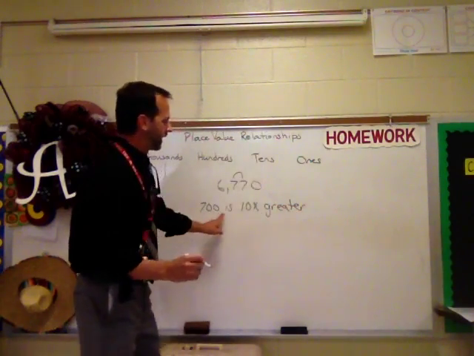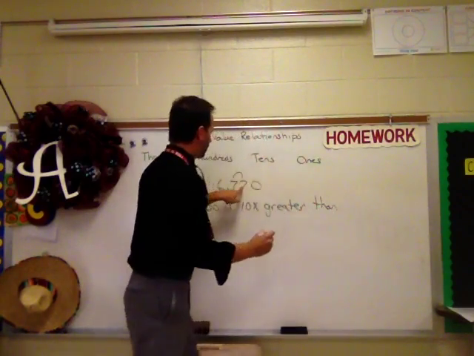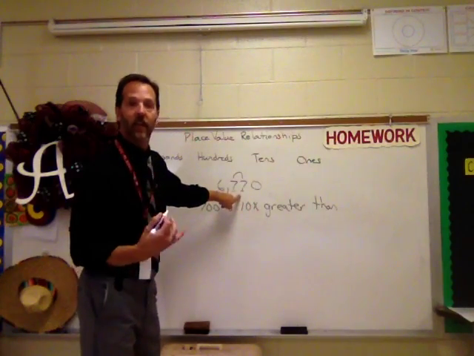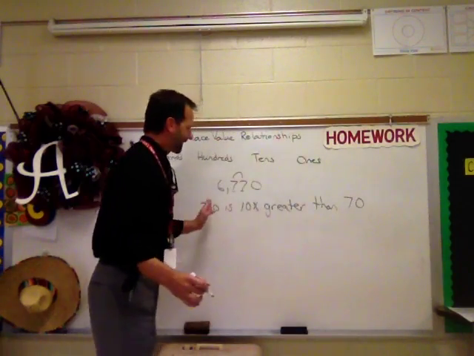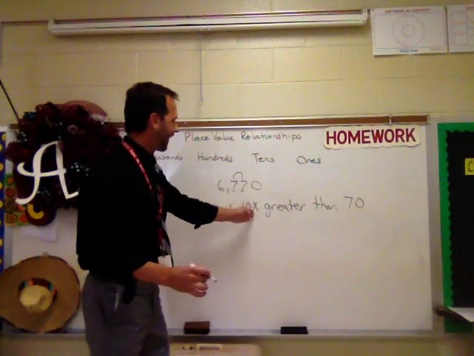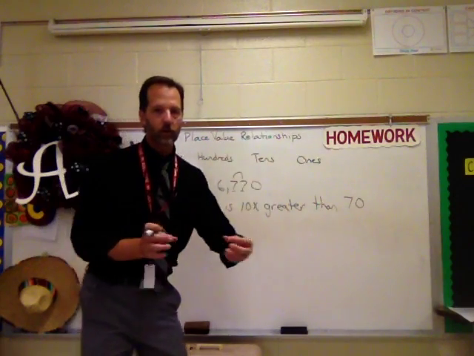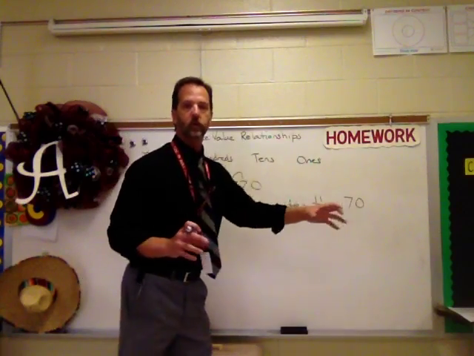So 700 is 10 times greater than the value of the second 7, which is in the tens place. That has a value of 70. So we can say 700 is 10 times greater than 70.